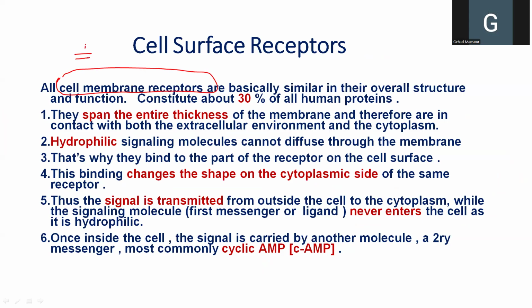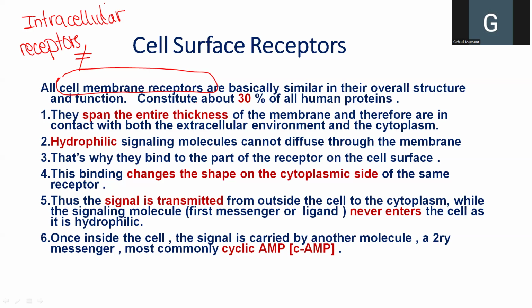In order to distinguish them from another type of receptors that are not on the cell membrane, but are inside the cell, in the cytosol, and these are called intracellular receptors. Intracellular receptors, or cytosolic receptors, because they are present in the jelly-like cytosol around the organelles.